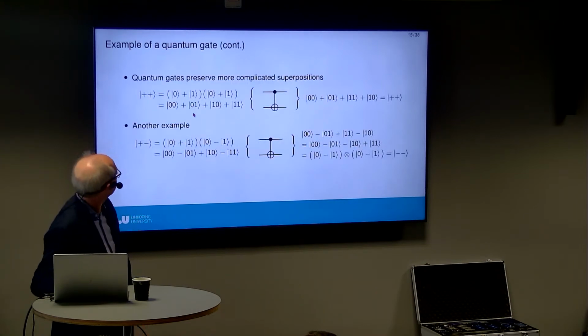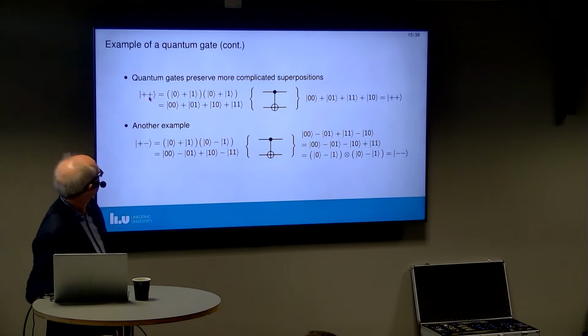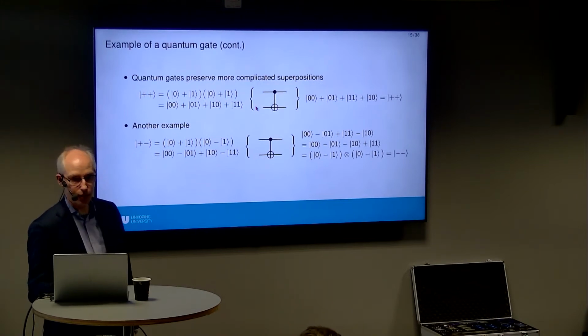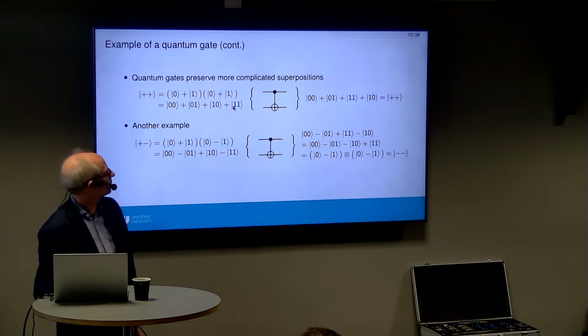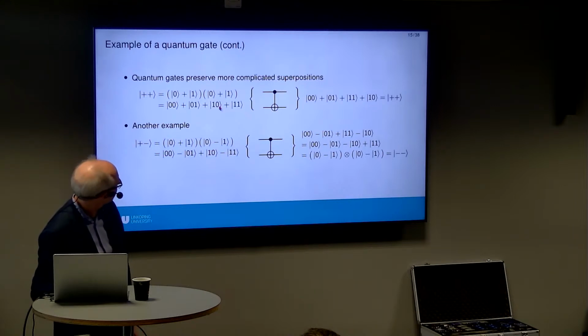So if I put a more complicated superposition here, 0 plus 1 and 0 plus 1 on both of the inputs, what will happen? Well, I'll get all the 4 possible inputs on this side. And you remember that nothing happens if the control is 0. And if the control is 1, this will be added onto the second one here. So they will switch order.